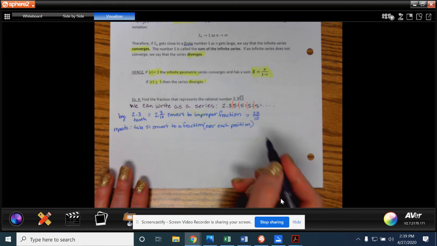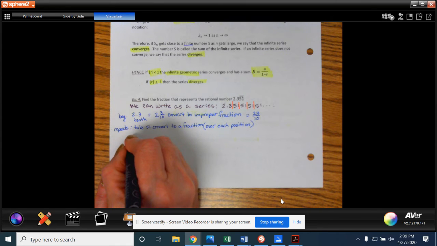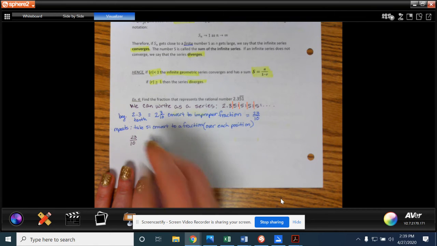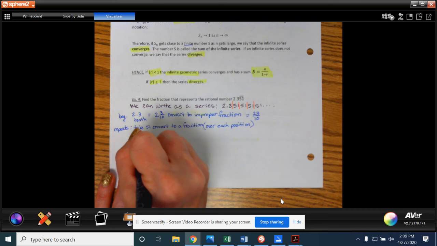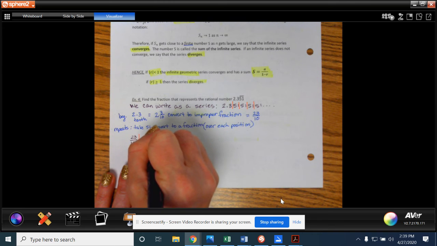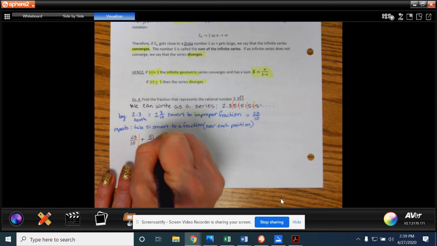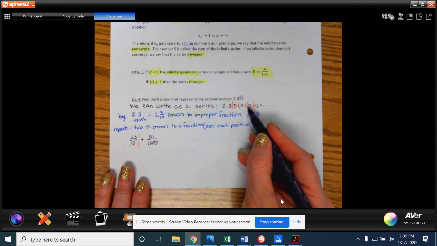So remember my first piece of this whole item was 23 over 10. That was the first piece. I'm going to draw my line, and this is going to add, well, it's 51 over 1,000. Then this is, again, 51, but what's the last position it lands in?